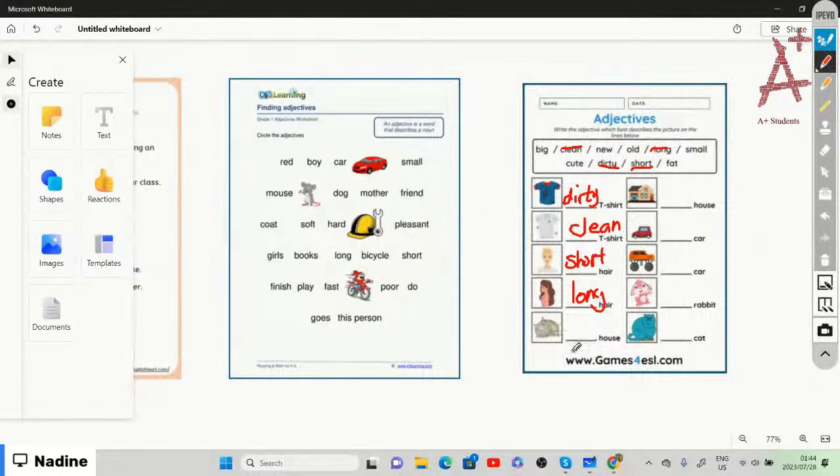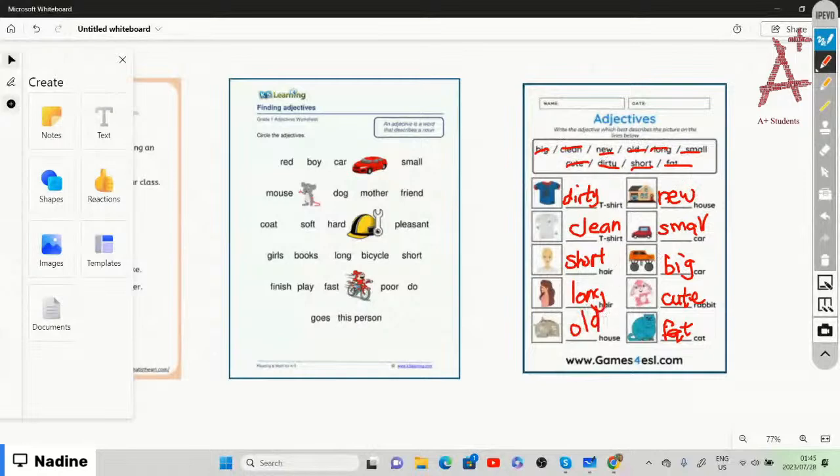All right. If we go right down to the rabbit and the cat, we can say there's a fat cat, the fat cat, and we have a cute rabbit. We have a car, and we have a small car, small or big, and then we have a new house, and then we have the old house.